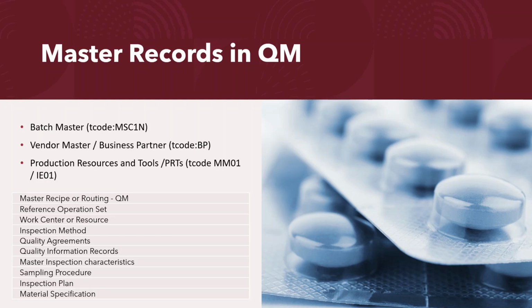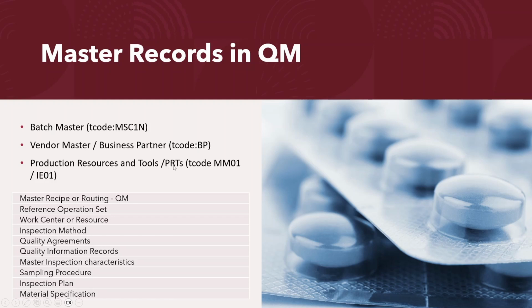We will see that specifically in a video when we are talking about QM in plant maintenance, but we will discuss very quickly at least a production resource and tool record. This is also very common for production. So you can assign, in a master recipe or in the routing, the different instruments.